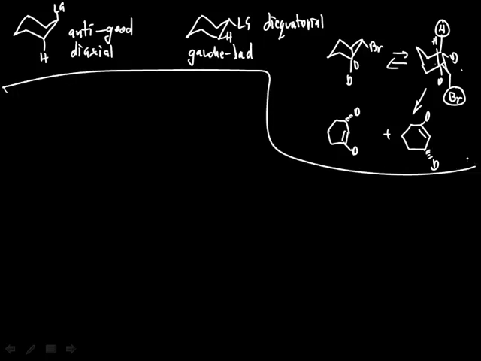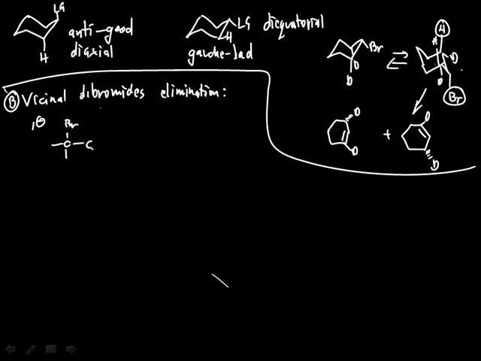Now, E2 reaction is not the only elimination from alkyl halides that is used for getting to alkenes. The vicinal dibromides are often eliminated as well. The original vicinal dibromide elimination actually occurred through a fairly interesting mechanism when the iodide would basically do an elimination of bromine, and so then reconstitute this.